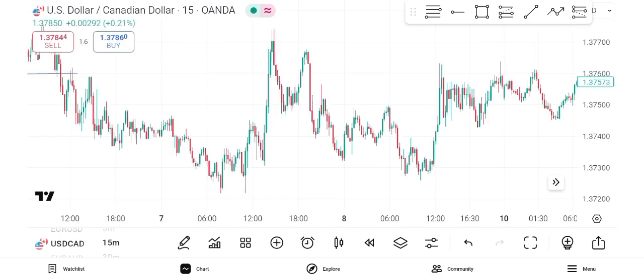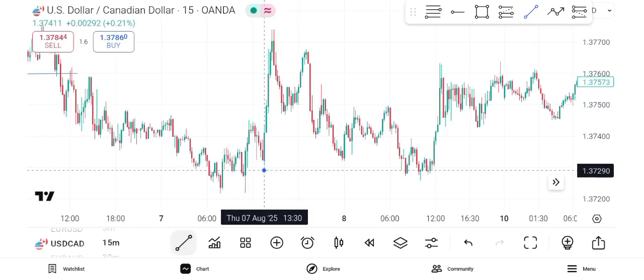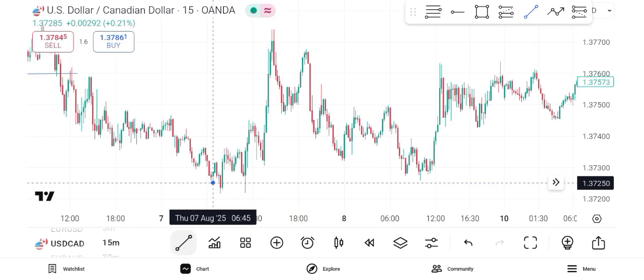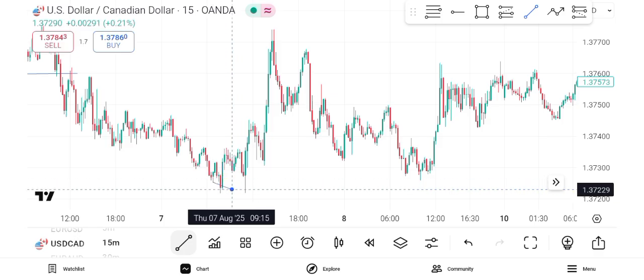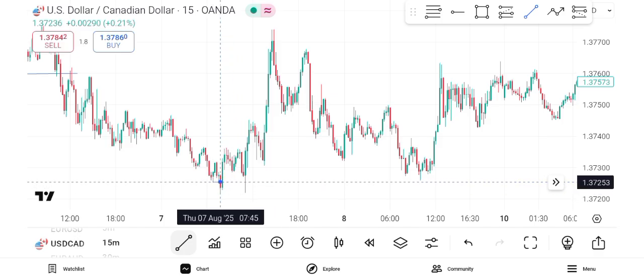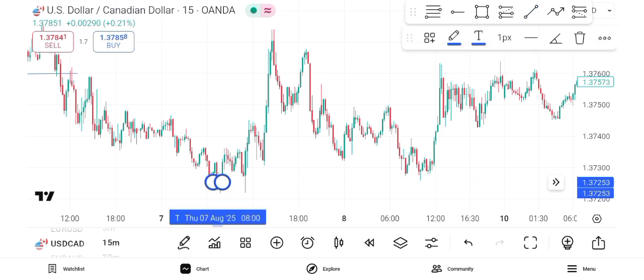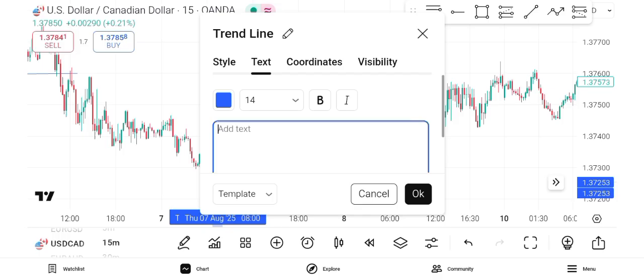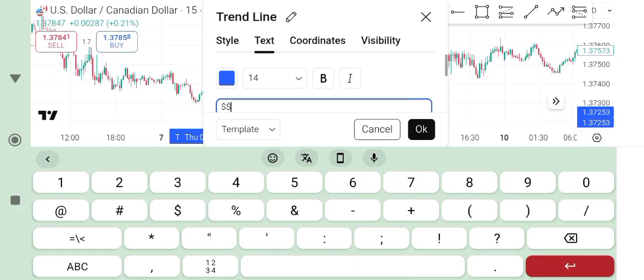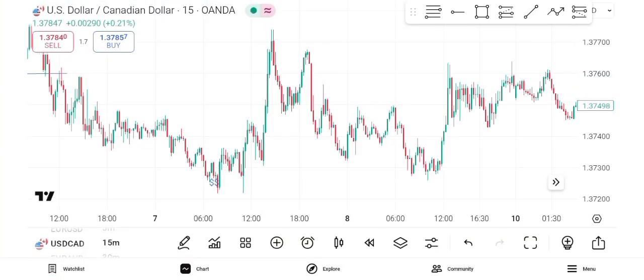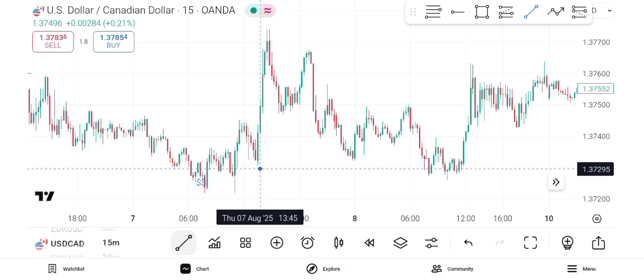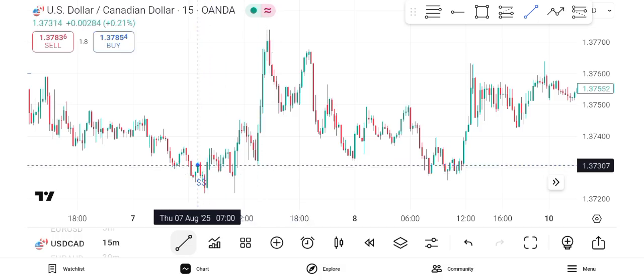This is it. If you look closely right here, we have this sweep of liquidity, this tiny market takeout of that previous low. You see, that's the sweep of liquidity. After that, the market broke the structure.